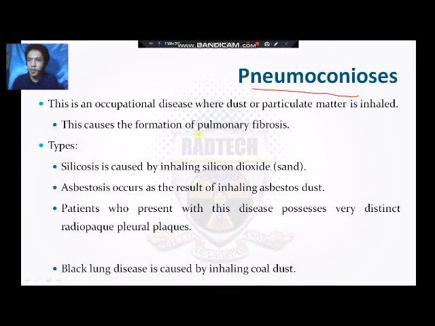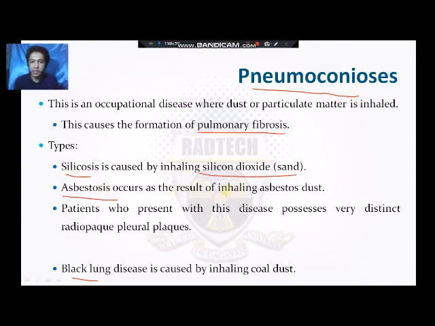Next, we have pneumoconiosis. This is an occupational disease where dust or particulate matter is inhaled. This causes the formation of pulmonary fibrosis, or hardening of the soft tissues within our lung fields. The types of pneumoconiosis are silicosis, asbestosis, and black lung disease. Silicosis is caused by inhaling silicon dioxide.